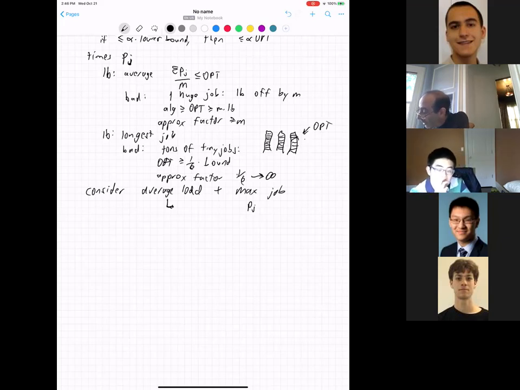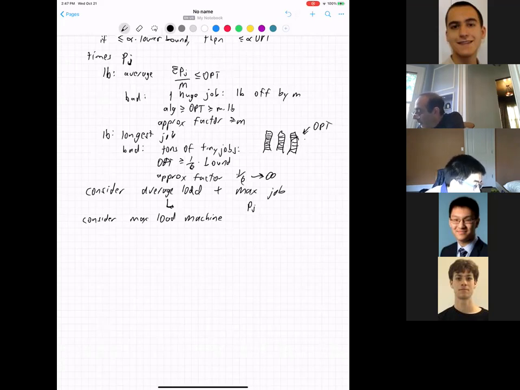So in particular, now let's consider the max load machine, the one that has the job that finishes last. From knowing that this is the maximum load machine, what can we say about it with respect to the way our algorithm behaves?